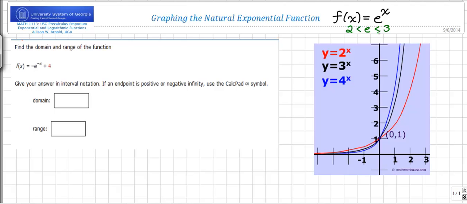the exponential growth curve. So all of these curves go through 0, 1, and when you plot the point, just to kind of get your bearings here, the value 1 would go to the value e, and this would fit between the curves 2 to the x and 3 to the x.